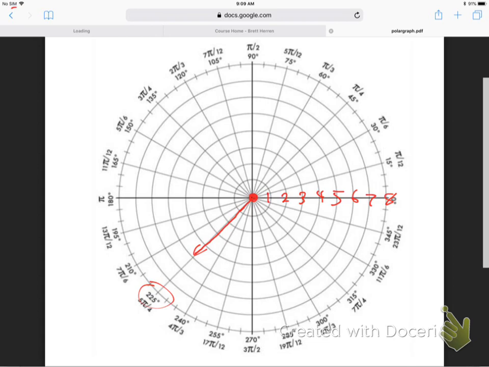The small circle's radius is 1, the next circle's radius is 2, radius 3, etc. So if you want to turn the cannon to face 225 degrees and fire 2 in that direction, it's going 1, 2. There we go. There's the point, 2, 225. Turn the cannon to 225 degrees and fire a distance of 2.